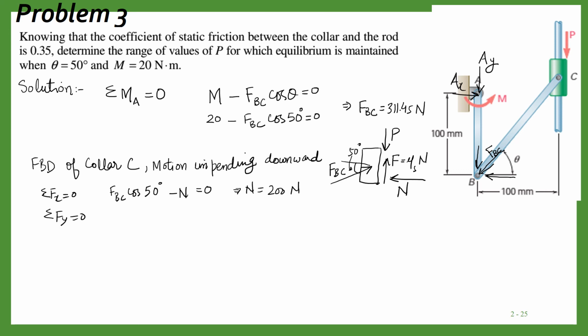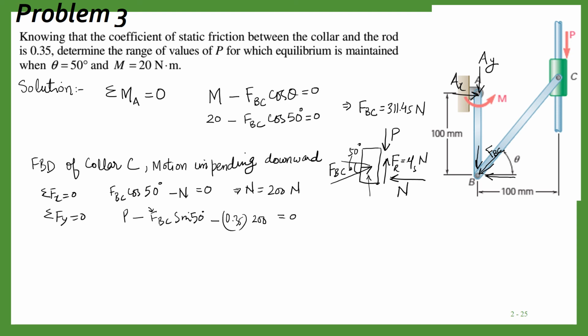In the y direction we have P acting downward, then FBC sine 50 degrees, the component of this force, and minus the frictional force F. Mu s is given as 0.35, so mu s into N, which we already found as 200, equal to 0.